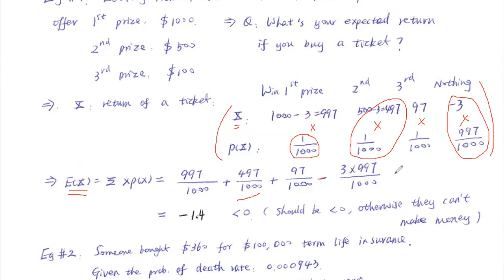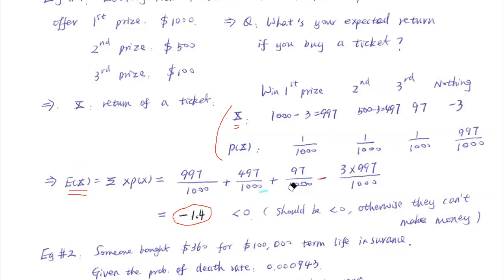So negative 3 multiplied by the corresponding probability, 997 over 1,000. Everybody plug the numbers into the calculator and we get this number here. We probably don't care how big this number is, but we do care whether it's positive or negative. Negative means we are losing money, so our return is negative. That means on average, if I buy one ticket, we are losing $1.4.